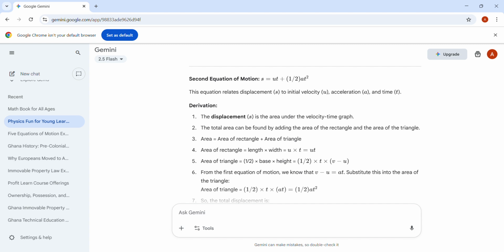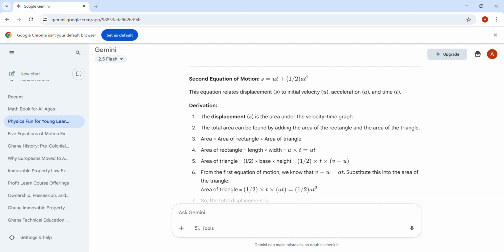So s then will be equal to, the 2 will cancel the 2u, so we have u, so ut. Let me add my t here. So we have ut plus half at squared. So that gives us the third equation.